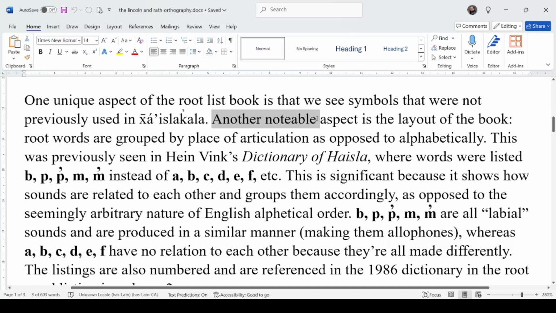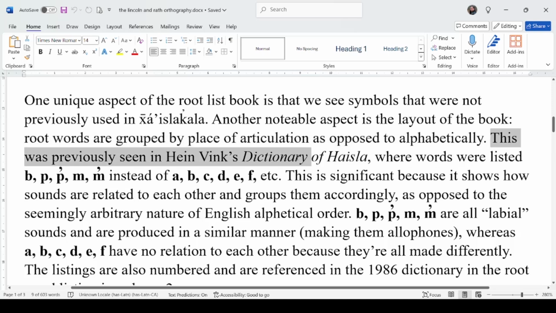I'll do a breakdown of the symbols that make up the Lincoln Rath orthography. Another notable aspect is the layout of the book. So root words are grouped by place of articulation as opposed to alphabetically.